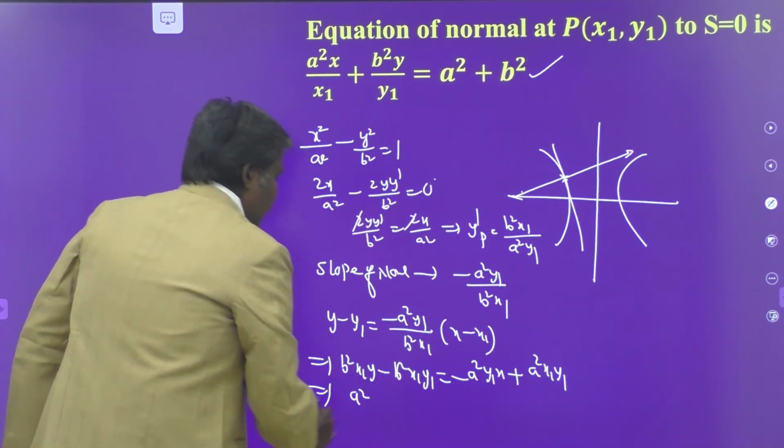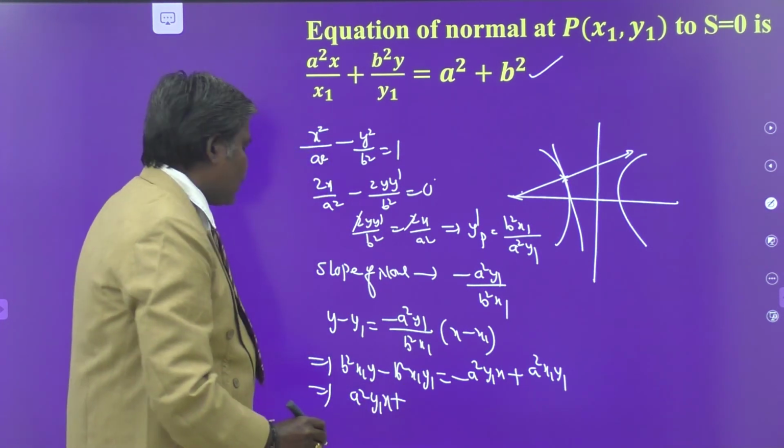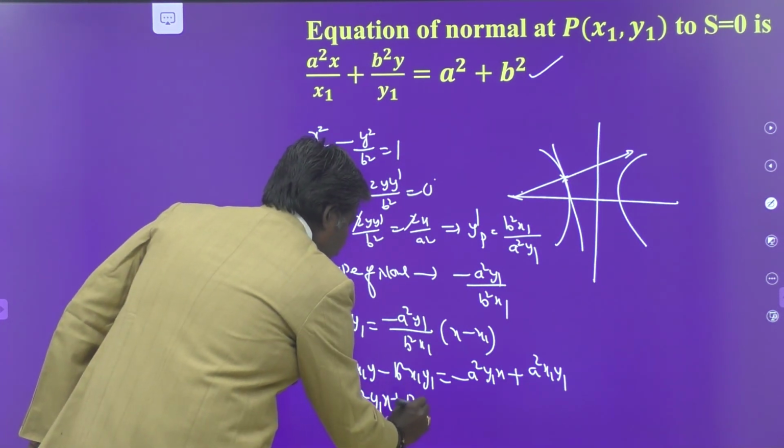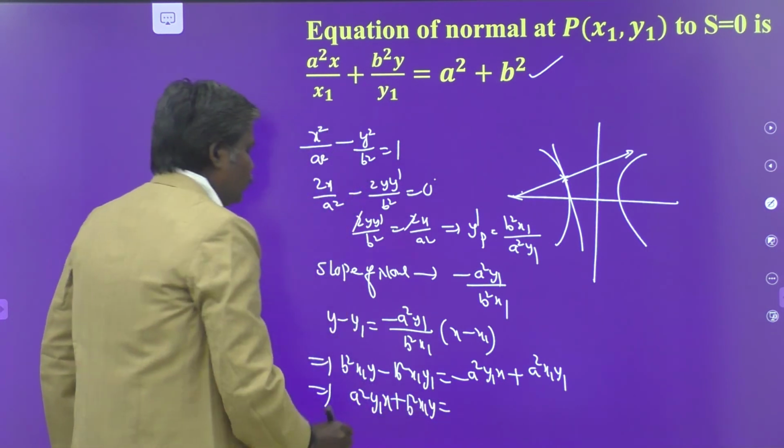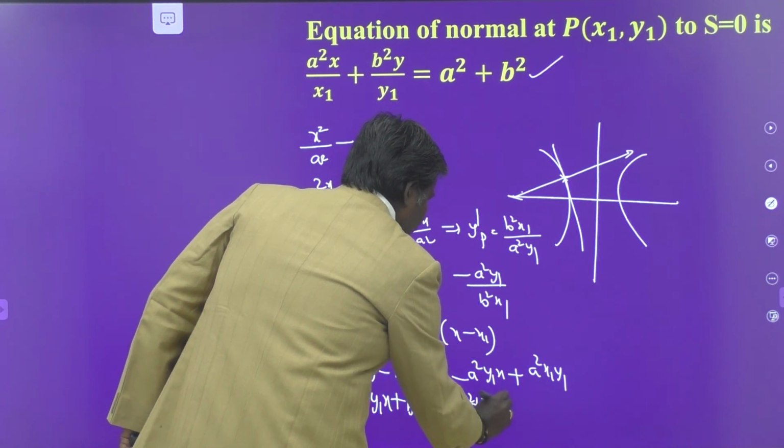We get a square y1 x plus b square x1 y is equal to a square plus b square times x1 y1.